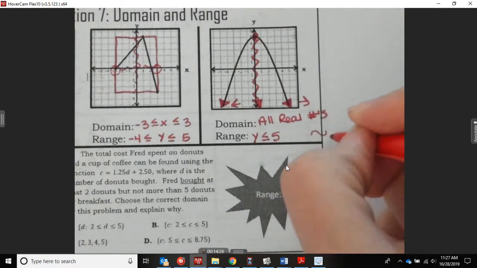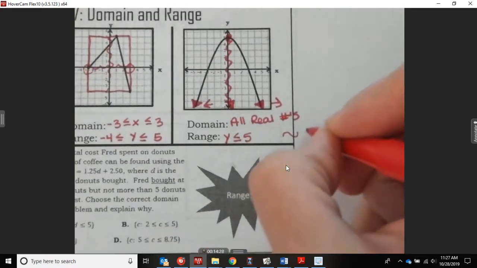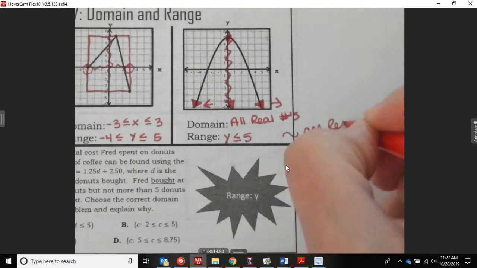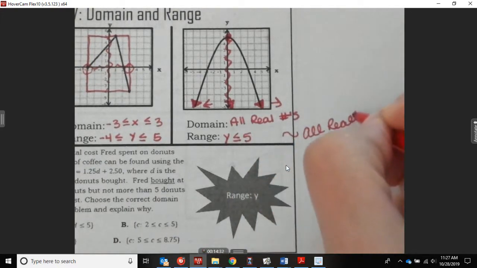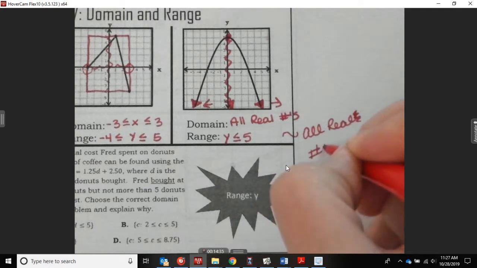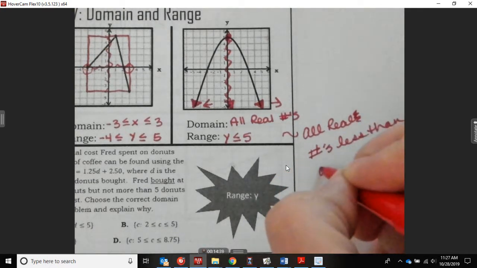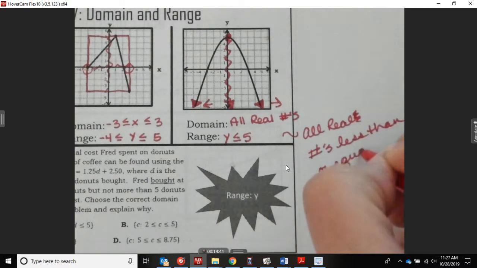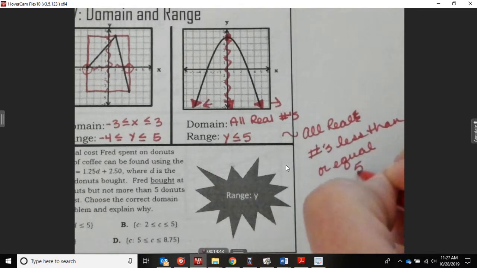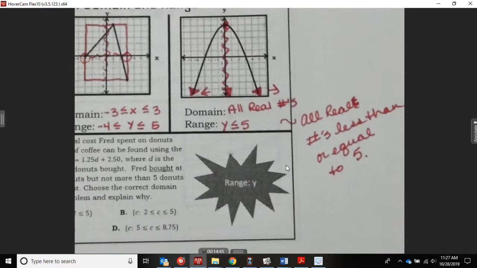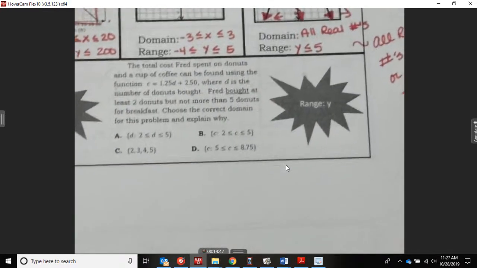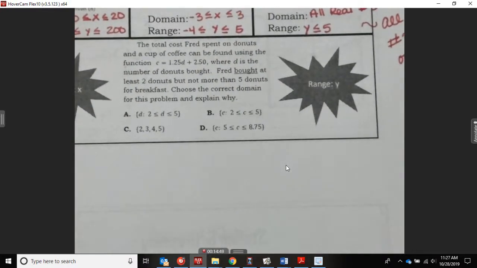If you were to write that in words, it would say all real numbers less than or equal to 5.